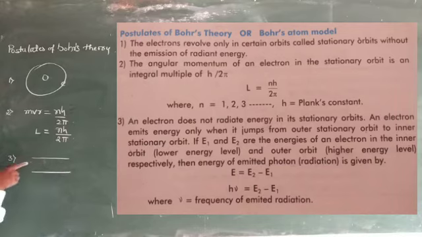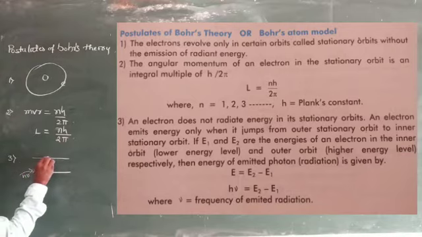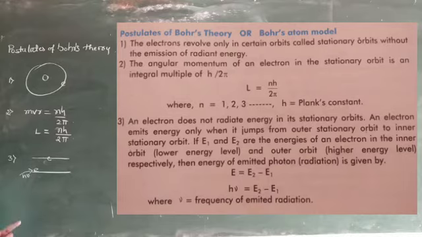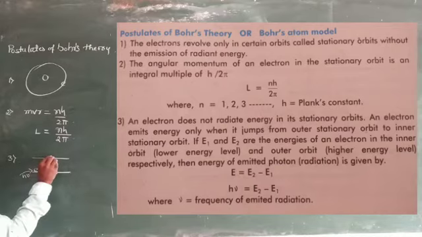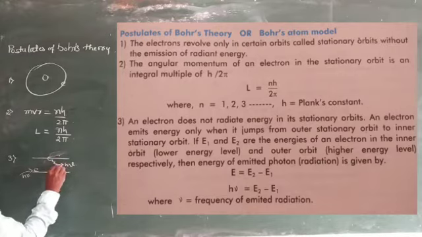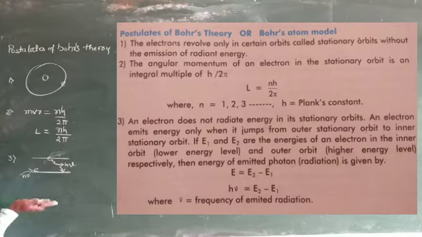Whenever the electron moves from a higher orbit to a lower orbit, initially it is present in the lower orbit and some energy is given, so it moves to the excited state or higher orbital level. There the electron stays only 10 to the power minus 8 seconds, within a fraction of a second, then loses its energy and comes to the ground level, the inner orbital.